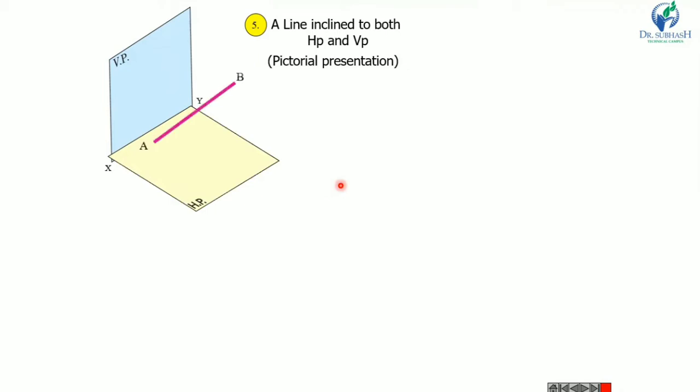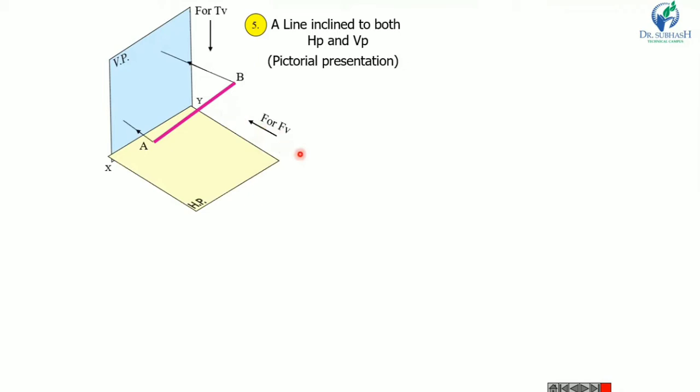Now see here the pictorial representation of this line with HP and VP both planes. Here you can see this line AB which is inclined to HP and VP both.